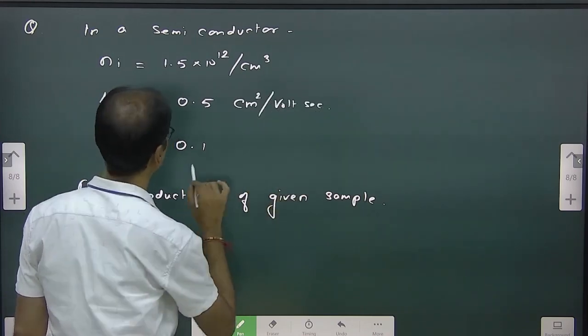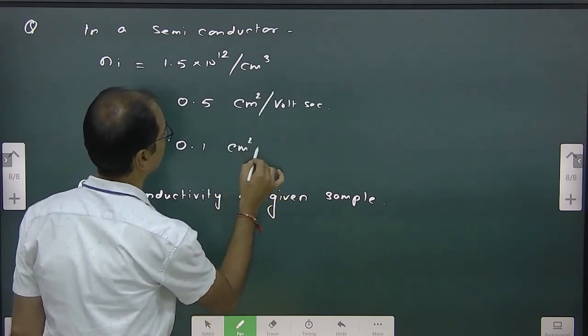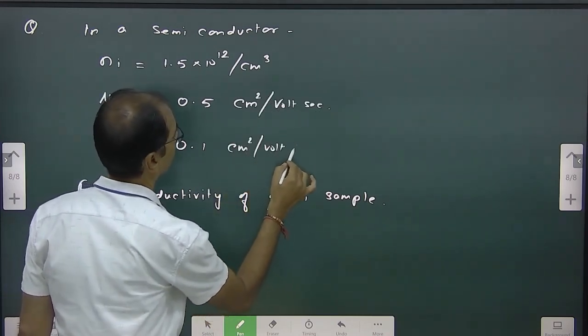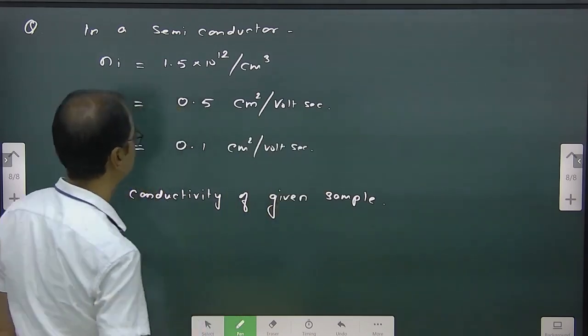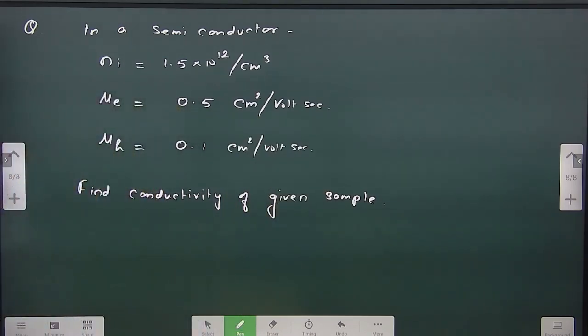Units. Find the conductivity of the sample.